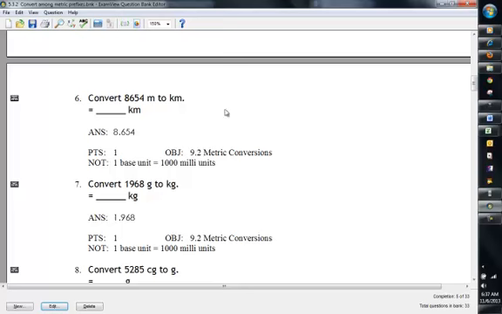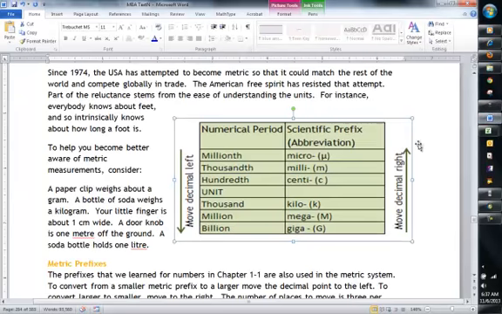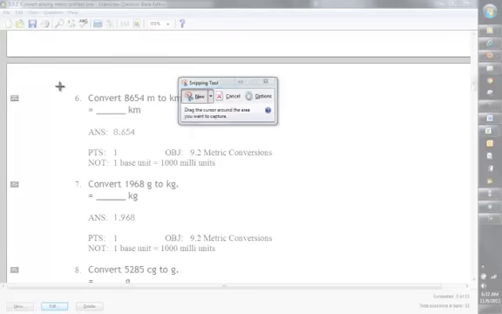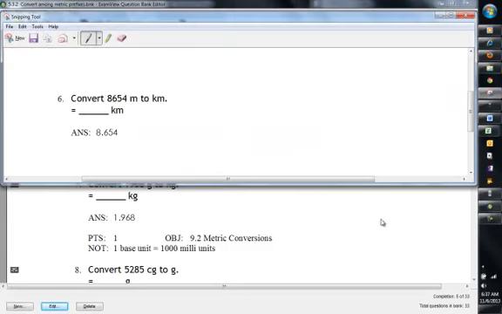Going the other direction, converting meters to kilometers. On our chart, meters to kilometers, we're going down the chart, move the decimal point to the left. So 8, 8, 6, 8.654.